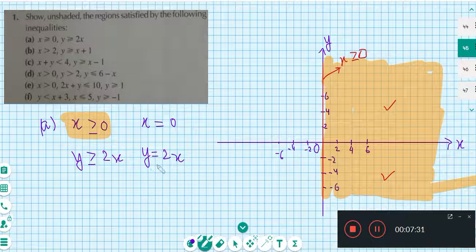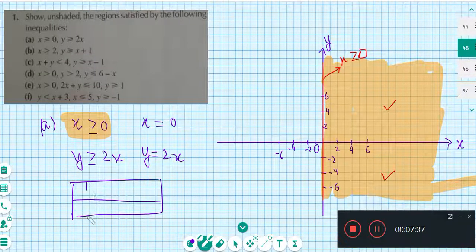We have to make a table first, writing x and then y. Taking some different values of x, like x equal to 0, y becomes 2 into 0, which is 0. For x equal to 2, y becomes 4. And for x equal to negative 2, y becomes negative 4. So we have 3 points of this line.